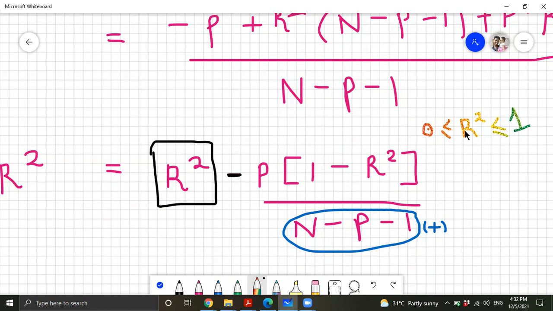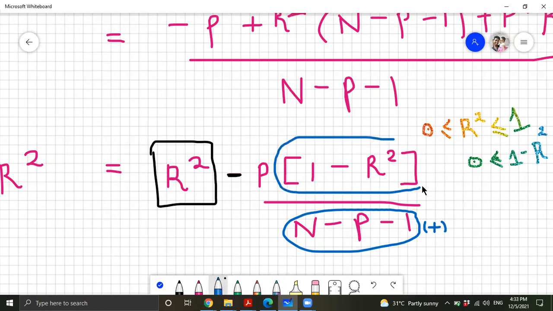So if we take this and subtract r squared on both sides, what do we get? 0 is less than or equal to 1 minus r squared. So you can see that 1 minus r squared is also positive.